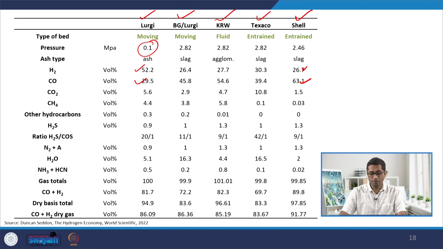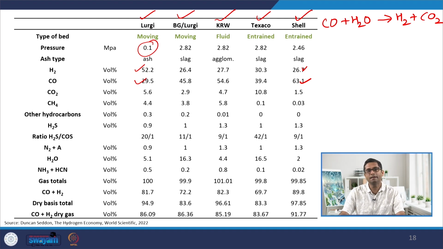In a water gas shift reactor, the carbon monoxide is made to react with water and produce hydrogen and carbon dioxide. So if a gasifier is producing more carbon monoxide than hydrogen, it's not a case for worry. Of course you would need extra equipment downstream, but the majority of this carbon monoxide is eventually going to get converted into hydrogen. So carbon monoxide is equivalent to hydrogen in this case.